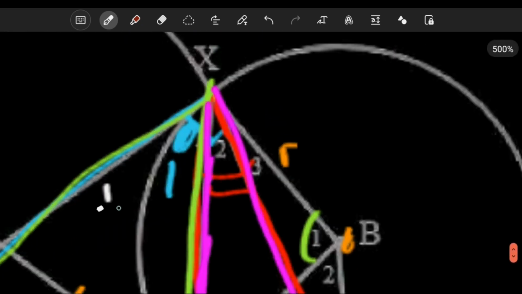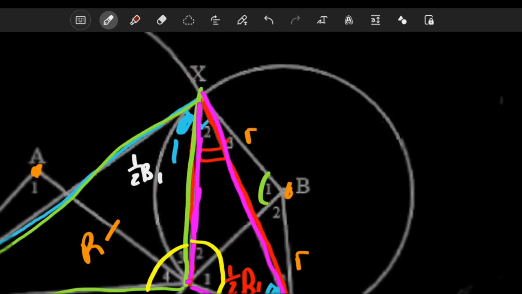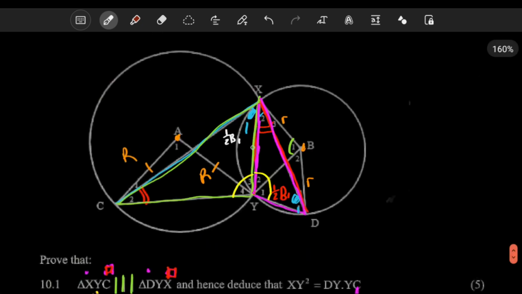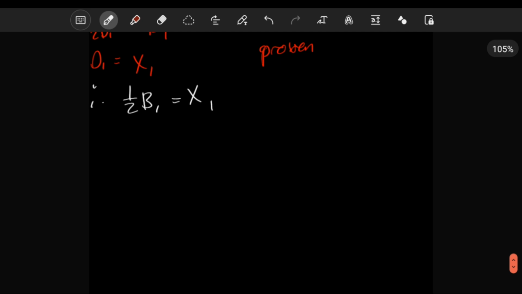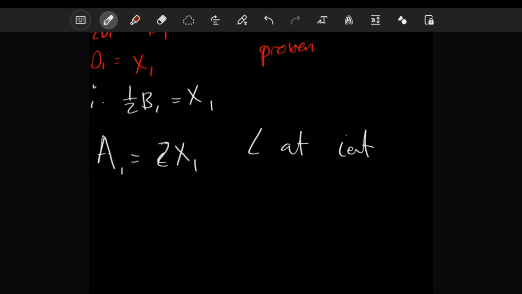Half B1. Now you know that X1 is equal to half of whatever A1 is because of angle at the center of a circle. A1 is equal to double whatever X1 is. The reason is angle at center of circle.